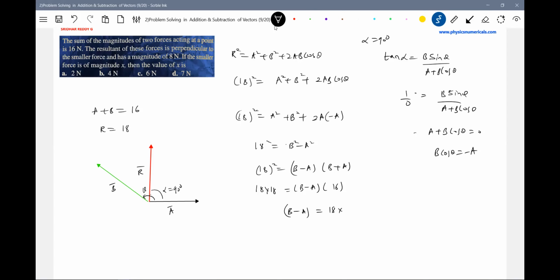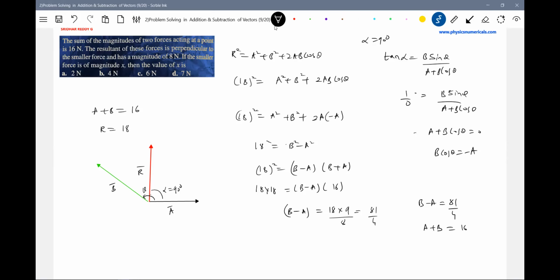we can do only 9 by 8. So again, this will be 18, 2, okay, 81 by 4. Now we have two equations: B minus A is 81 by 4, and A plus B equal to 16.